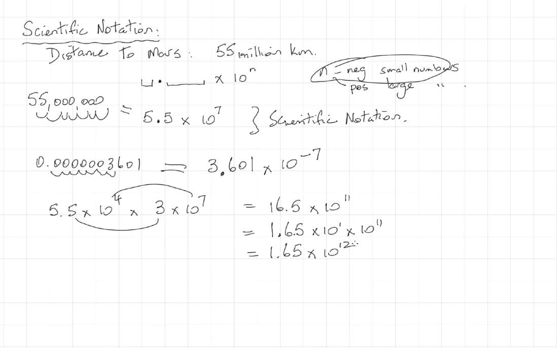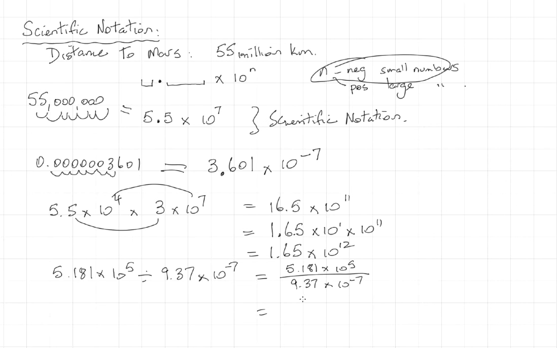Division. We've got 5.181 times 10 to the power of 5 divided by 9.37 times 10 to the minus 7 equals. Now we can write division in fraction form, 5.181 times 10 to the power of 5 over 9.37 times 10 to the minus 7.